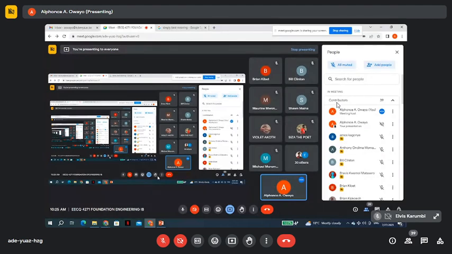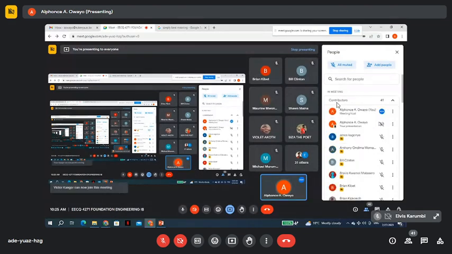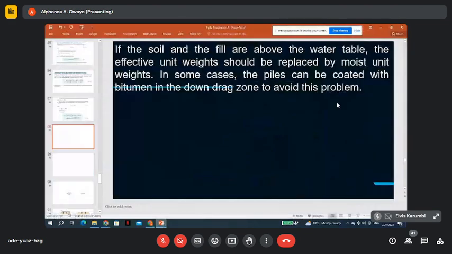Okay, so if the loads are massive and the soil is not good enough, then probably you can graduate from just a single pile to a group of piles.